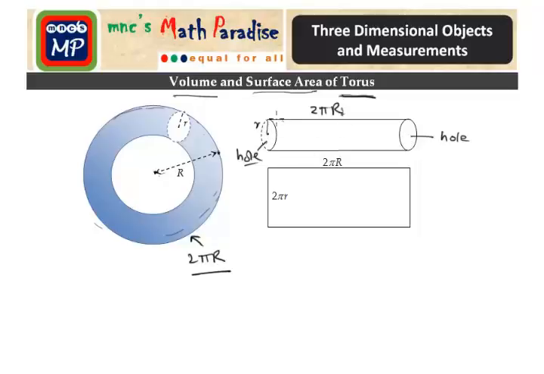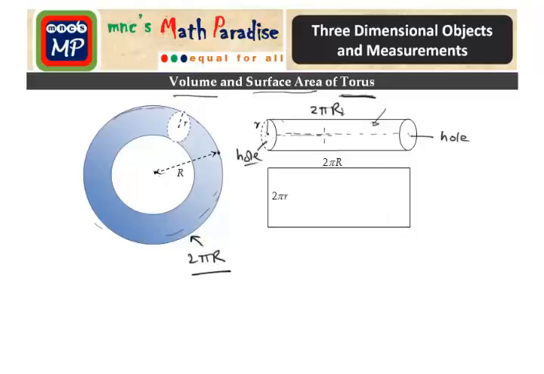Again, for a cylinder, if we just consider this as a cylinder, because there is no circular surface at the two ends, because we cut it from the middle, these two ends are holes. So only the curved surface is giving the surface area.